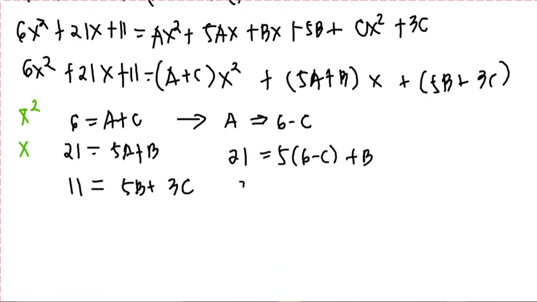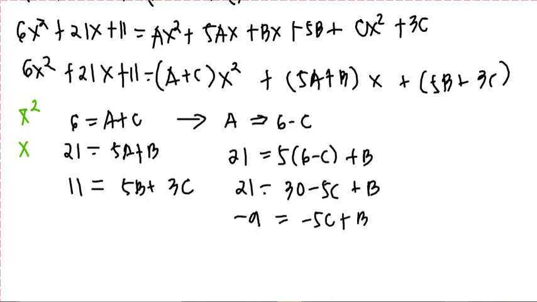So, 21 is equal to 30 minus 5c plus b. So, 21 minus 30 is negative 9 is equal to negative 5c plus b.